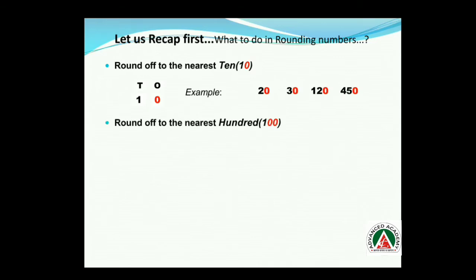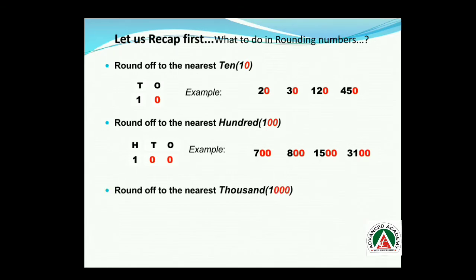If we round any number to the nearest 100, in the tens place and ones place there will always be 0. That means the place values less than the place value at which we have to round off will always be 0. And if we round any number to the nearest 1000, the place values less than 1000, that is 100, tens and ones, will always be 0.